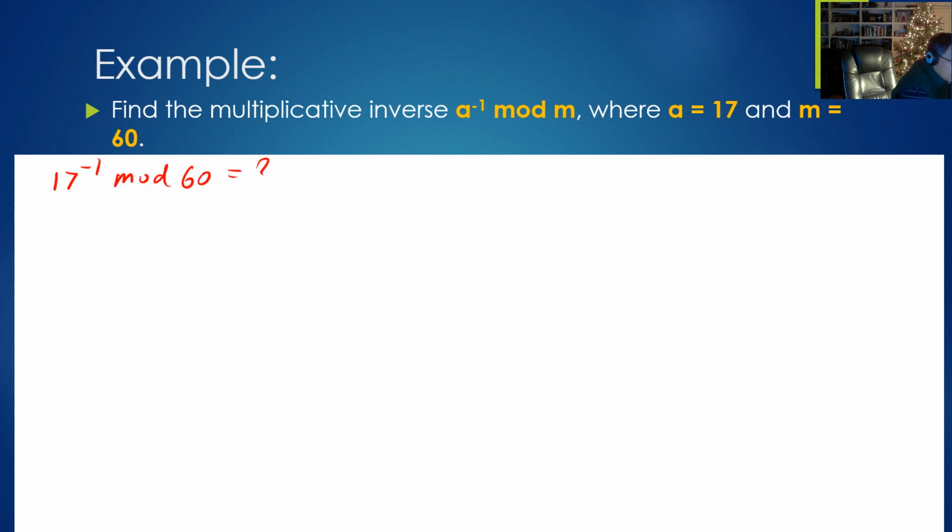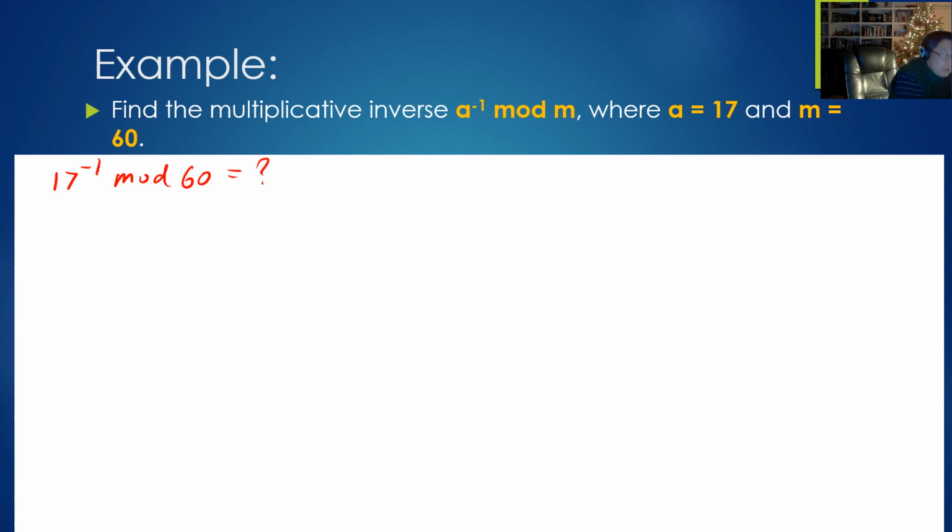To make sure that it exists, you have to make sure that a and m are relatively prime. This is the case, and you can check it very easily. So 17 and 60 are relatively prime.